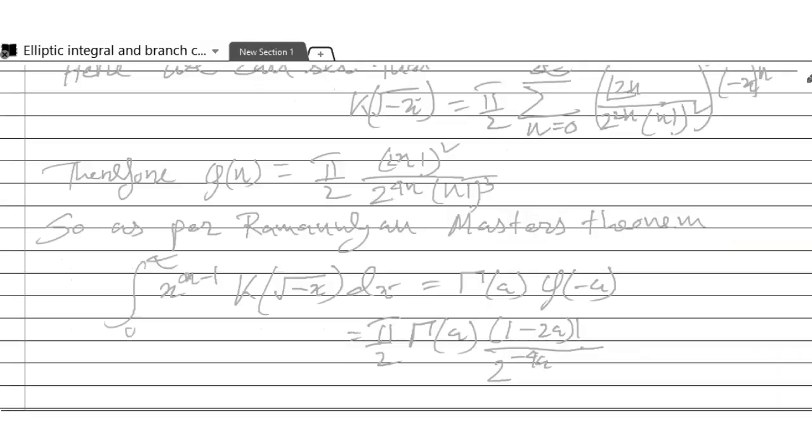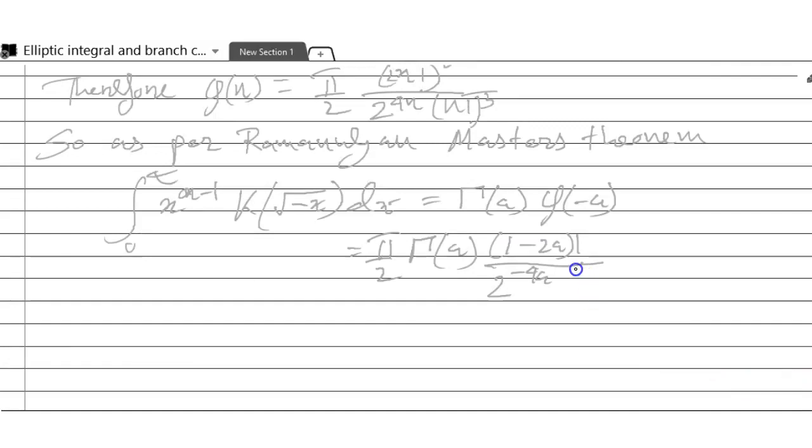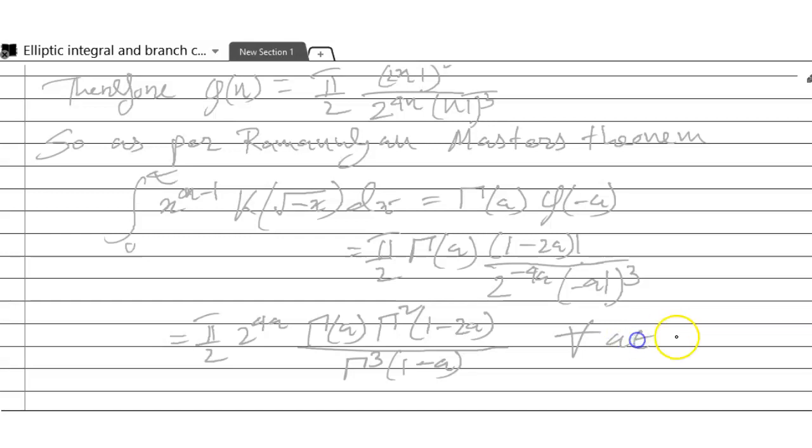This is the Mellin transformation. And now it can be written this way: pi by 2 to the power 4a gamma a gamma square 1 minus 2a divided by gamma cube 1 minus a, for all a belonging to 0, half.